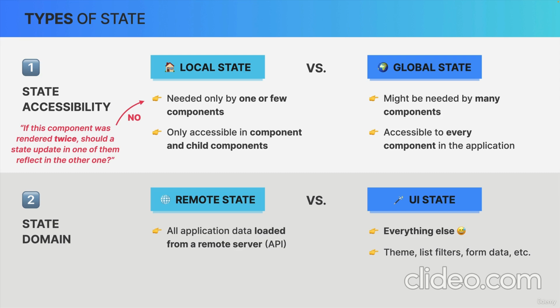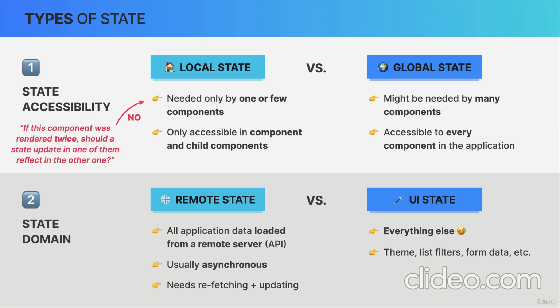So remote state is fundamentally different from UI state, because we usually get it in an asynchronous way, and because the data might need to be refetched and updated frequently. Therefore, in a large-scale application, remote state should be cached, revalidated, and so on. And so for that, we need some specialized tools.